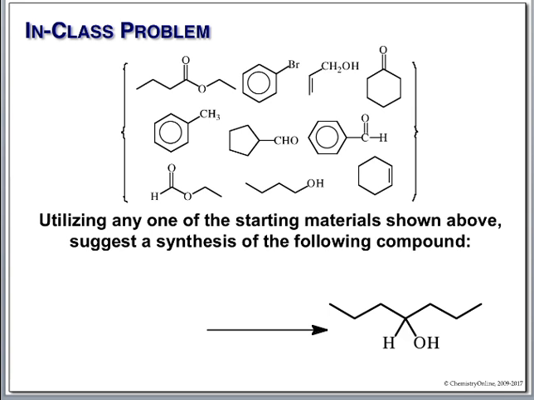If we look at our product here, we have a 3-carbon chain, a 3-carbon chain, and something in the middle, right? So right away, we can rule out cyclohexanone. That makes sense. To do a Grignard, we need a carbonyl. So this isn't going to work, that's not going to work.